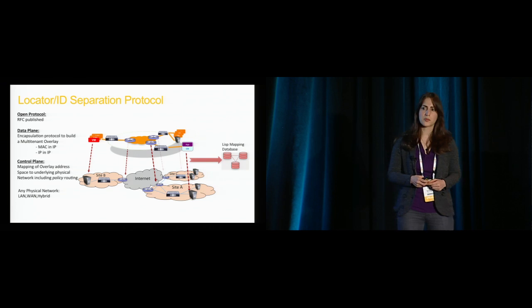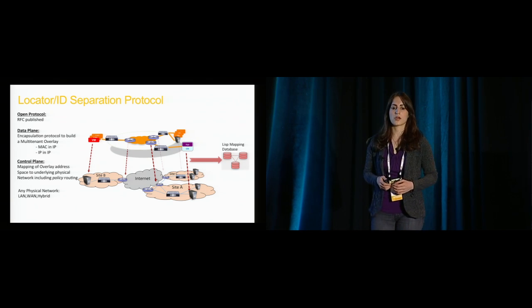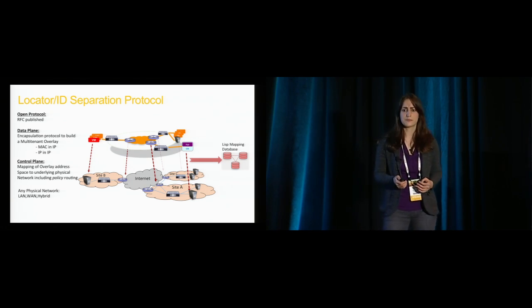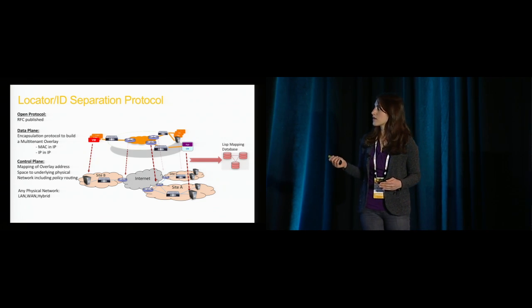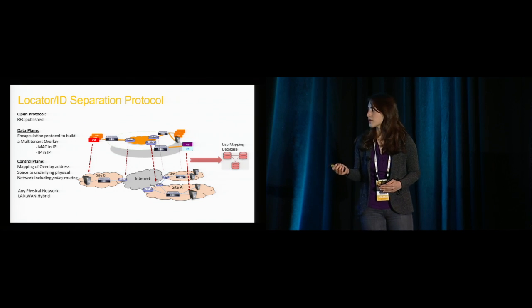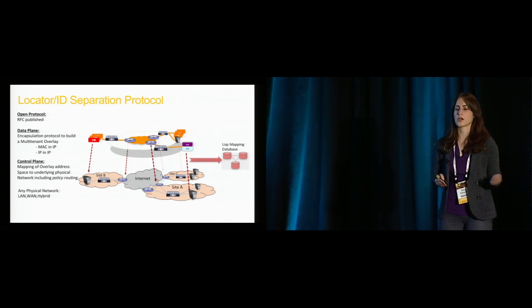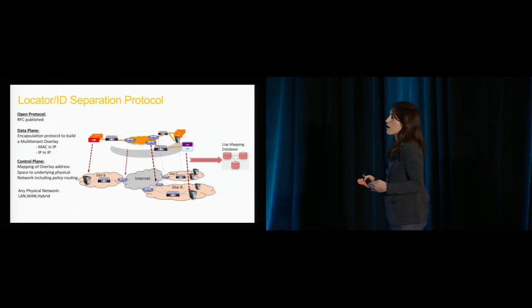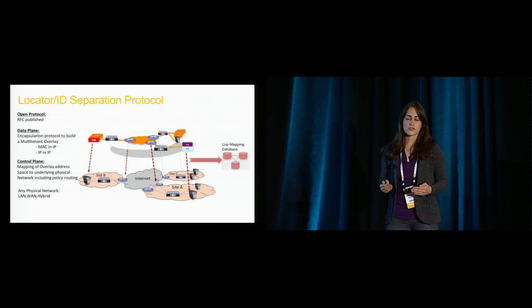It's very similar to VXLAN in terms of the format of the encapsulation headers, except that Lisp was initially designed to do IP and IP. So that's the data plane. Then there's a control plane, which provides this mapping of the overlay address space to the underlying physical network. And it also supports introducing policy into that mapping.